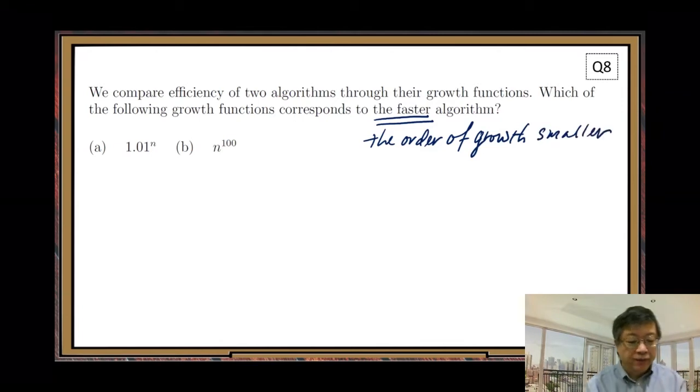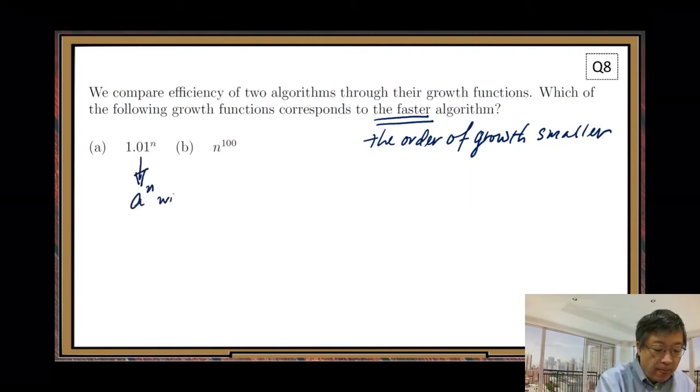This is an exponential function. Look at this, a to the n with a greater than 1. This is a power function, n to the constant number d.